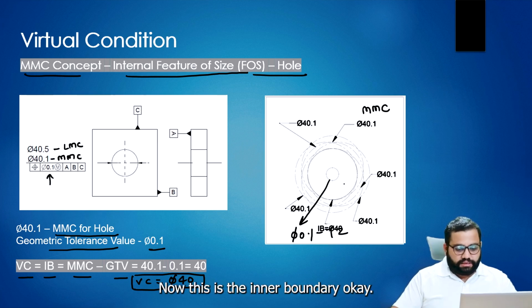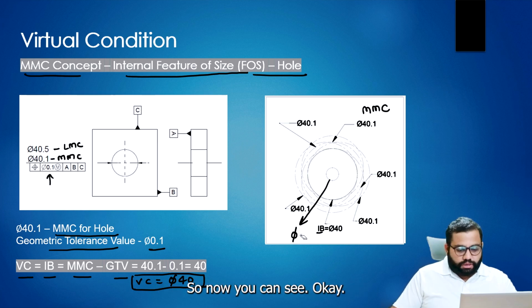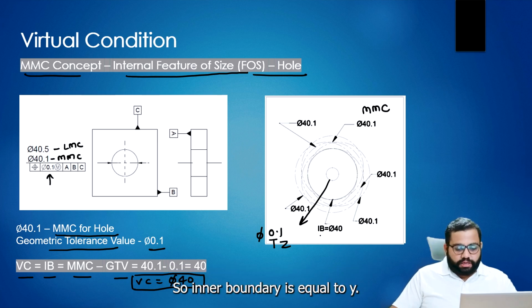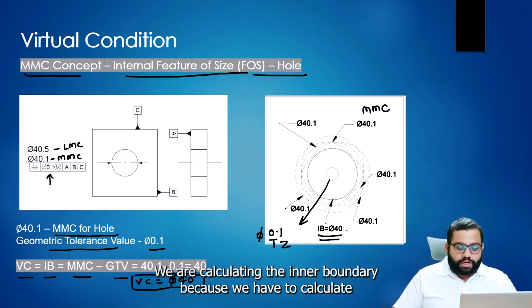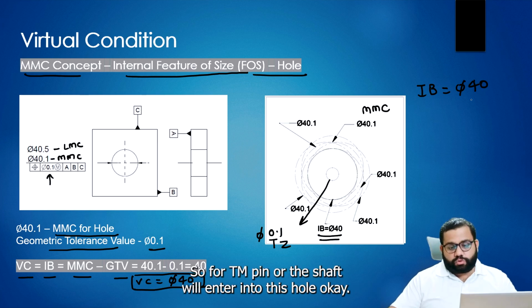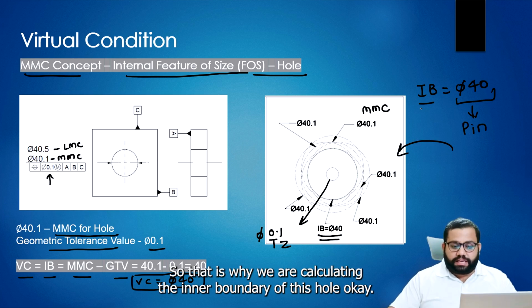Now this is the inner boundary, the smallest shaft that can enter inside this hole. Why are we calculating the inner boundary? Because we have to calculate the size of the shaft, dia 40 mm. So a 40 mm pin or shaft will enter into this hole. That's why we are calculating the inner boundary of this hole.